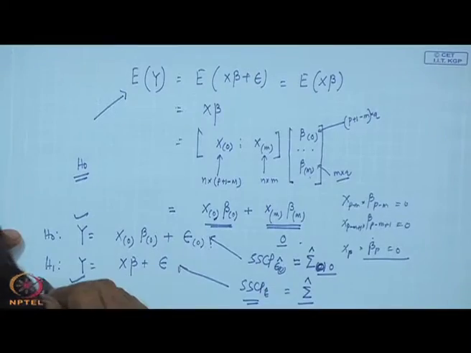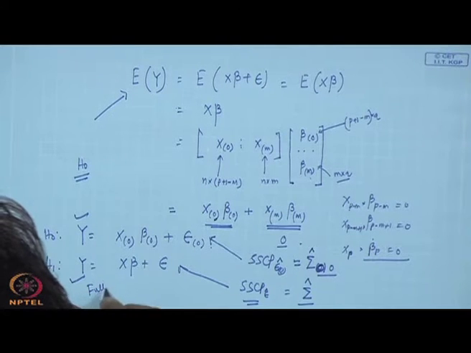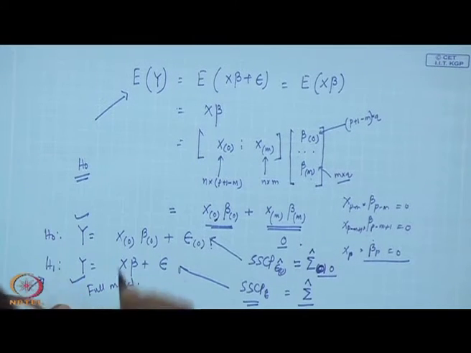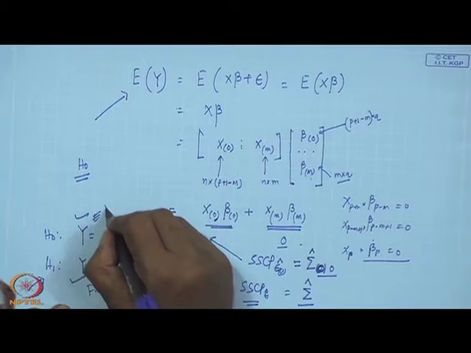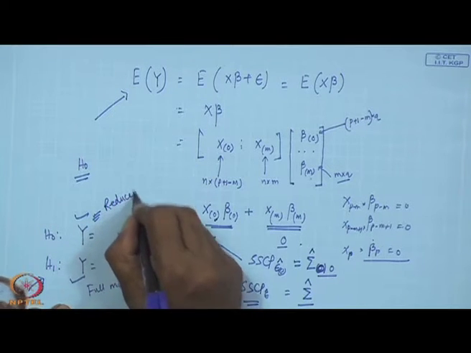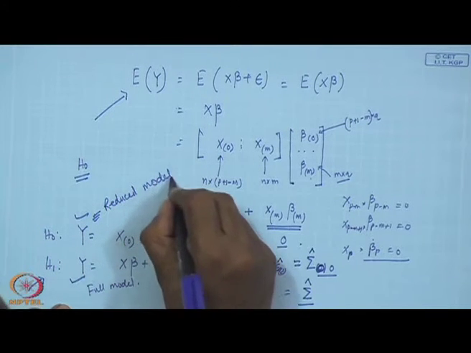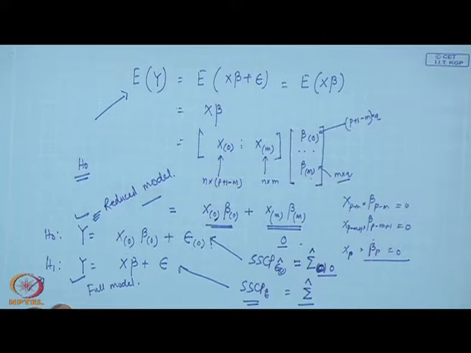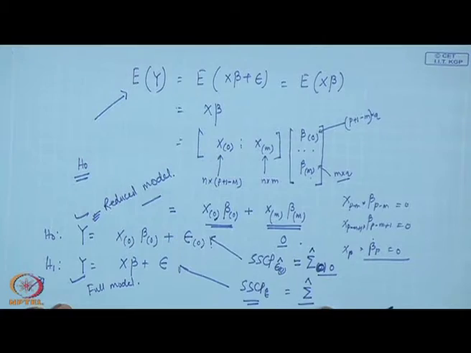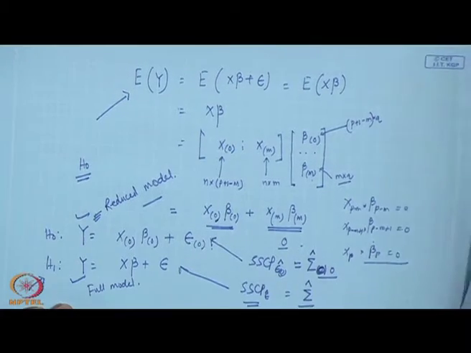So, as a result, under H1 this model is my full model and under H0 this model is the reduced model. My point is that the error SSCP matrix will be more or less equal.